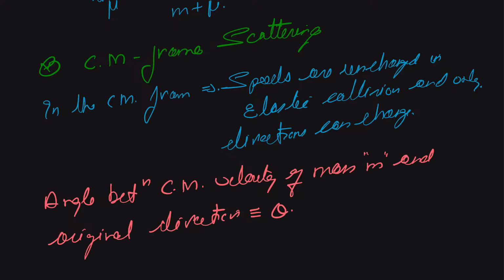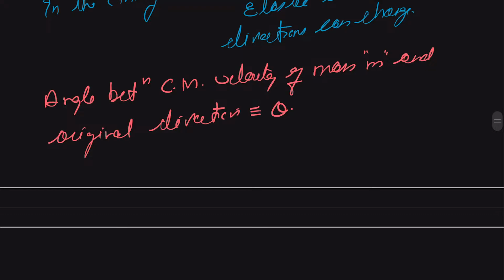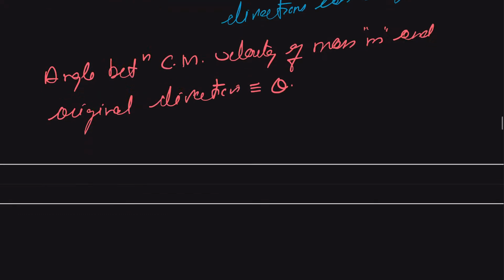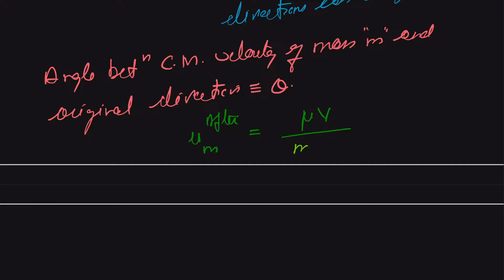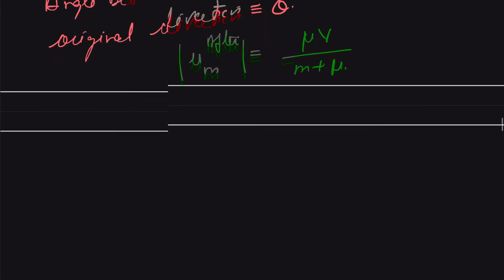Original direction was in terms of our x direction, and therefore we can write that our velocity of mass m, this is the center of mass velocity but now after collision, and this we can write mu times v divided by m plus mu, okay, because the direction is going to change. Okay, so we are interested in the magnitude part only. And now we are going to reconvert this into velocity in lab frame. Okay.